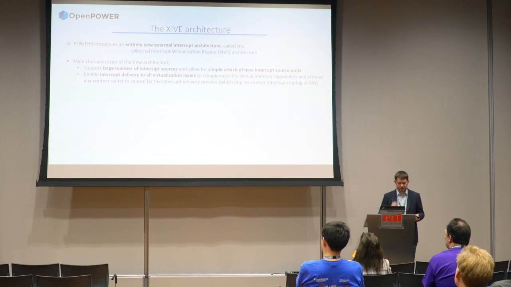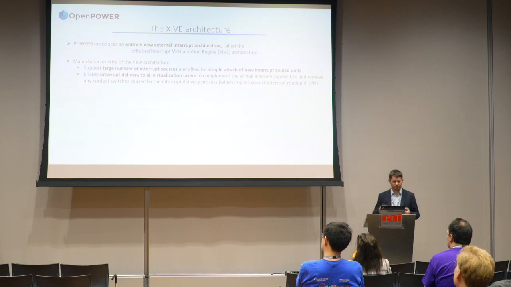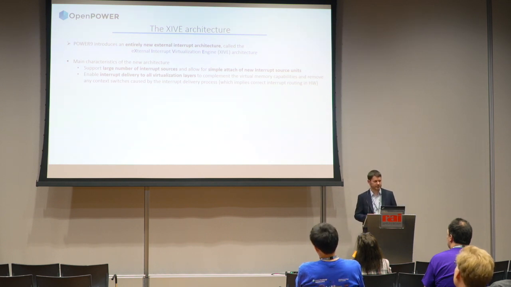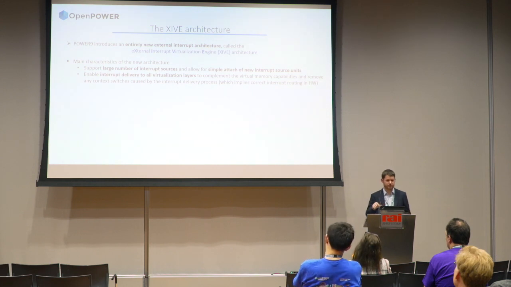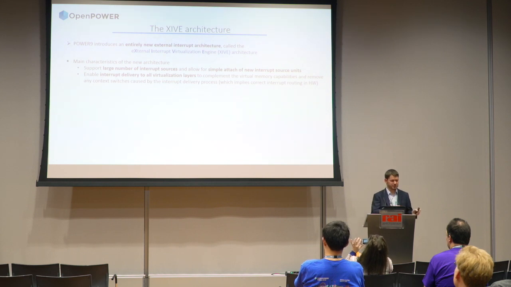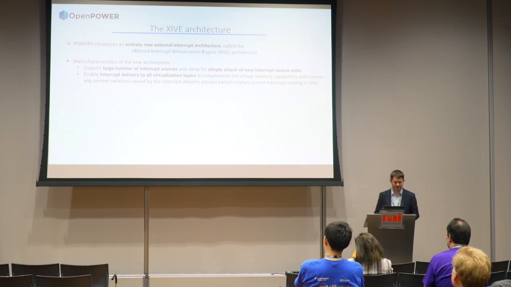At the same time, we really wanted to enable interrupt delivery to all the virtualization layers, so that you could send interrupts directly to an OS or even to a user, and avoid all those context switches that were associated before with branching into the hypervisor. That implies that you have to route your interrupt correctly, because if you want to avoid the context switch and you don't route it correctly, you're sending it potentially to the wrong target.